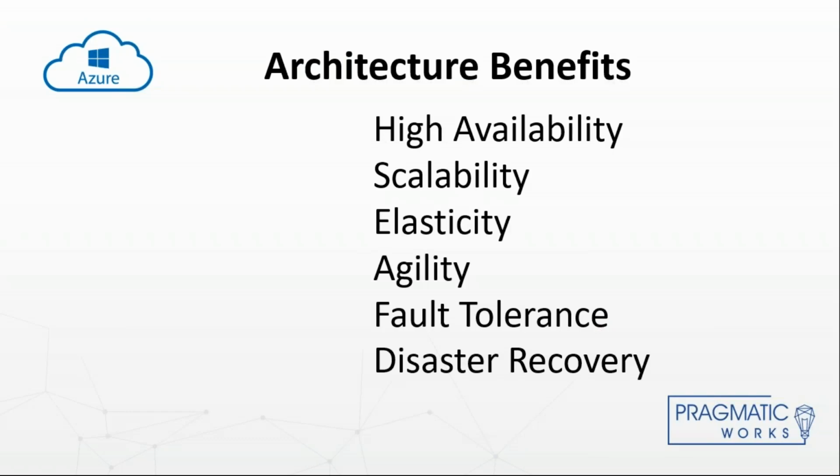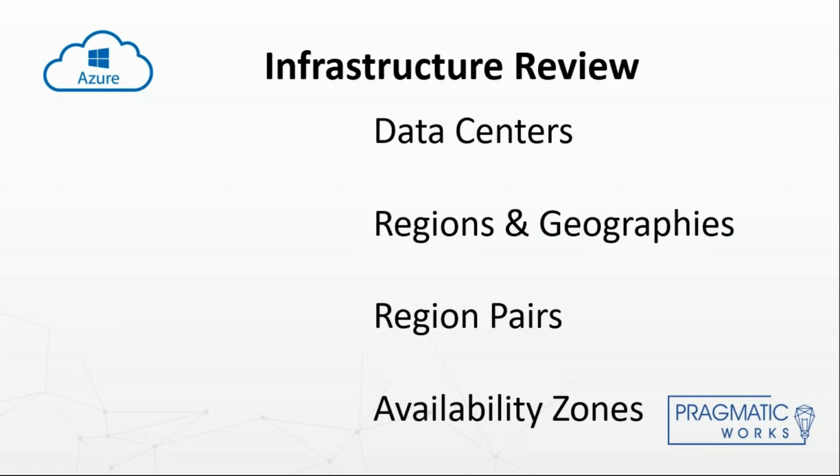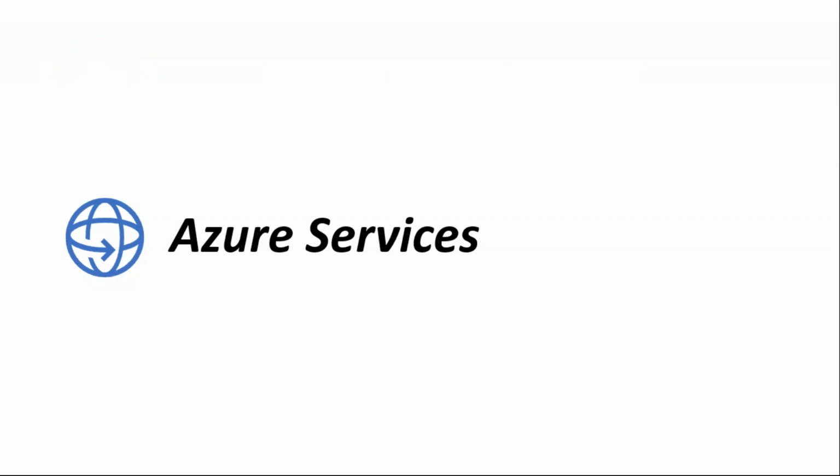So these architecture benefits provide the customers with high availability, like we talked about, scalability, the ability to increase size quickly, elasticity, agility, fault tolerance, and disaster recovery. So we've seen that there are data centers that are the source of our physical infrastructure, consisting of regions and geographies with region pairs and availability zones.